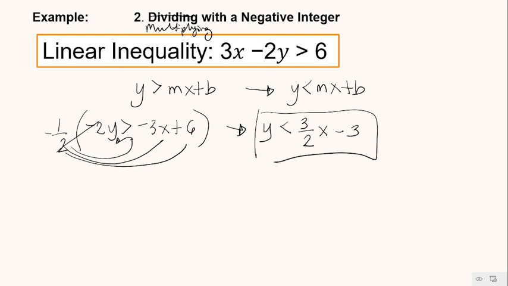So, same pa rin naman siya. Negative 1 times negative 3 is positive 3 divided by 2, kaya naging 3 over 2x. Negative 1 times 6 is negative 6 divided by 2, that is negative 3. So, same lang naman siya. Basta ang pinakatatandaan lang, pag nag-multiply tsaka nag-divide ka ng negative integer sa linear inequality, mare-reverse yung symbol niya.